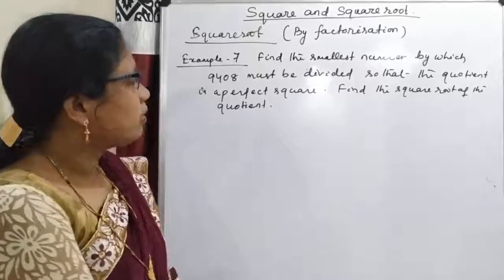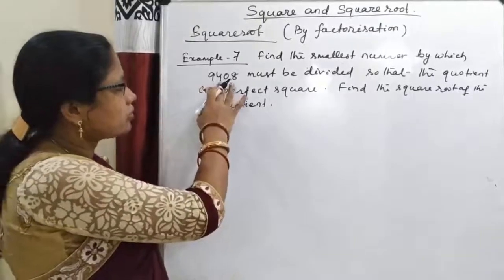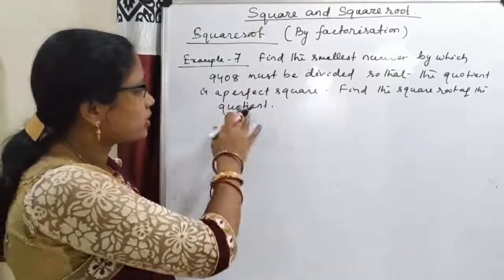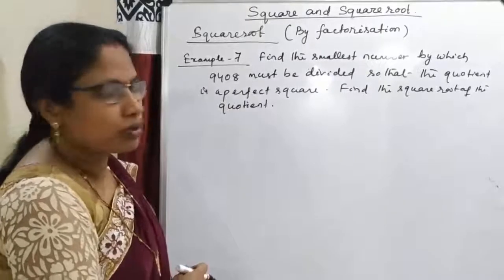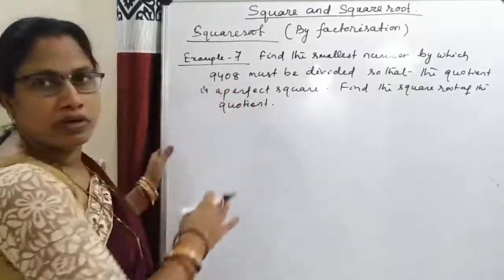Next example, find the smallest number by which 9408 must be divided so that the quotient is a perfect square, and also find the square root of the quotient. So first we have to factorize 9408.